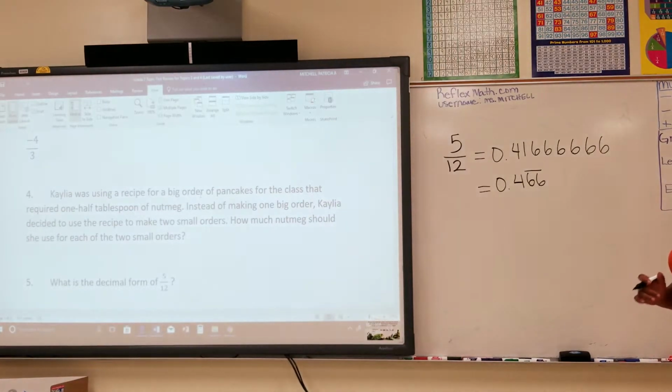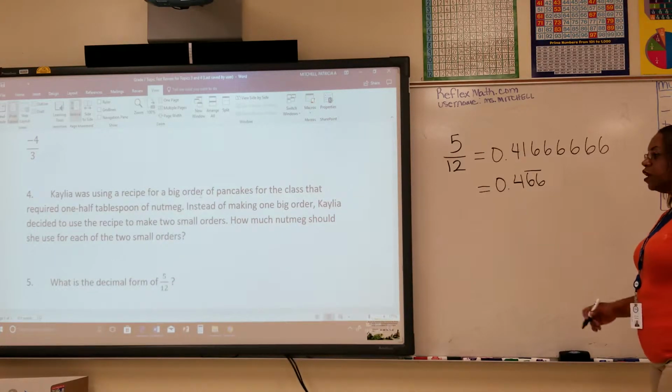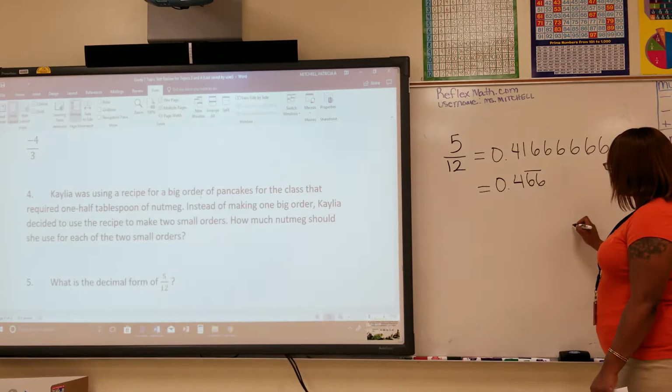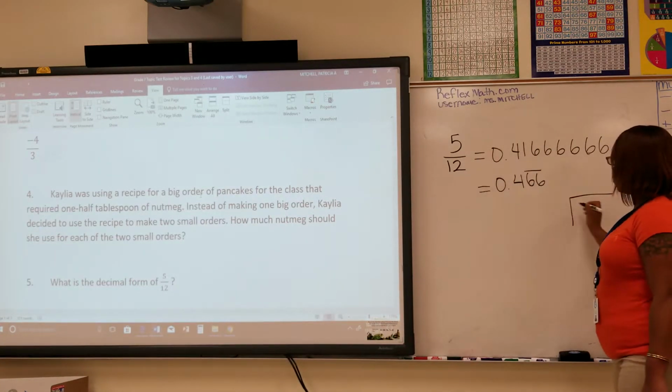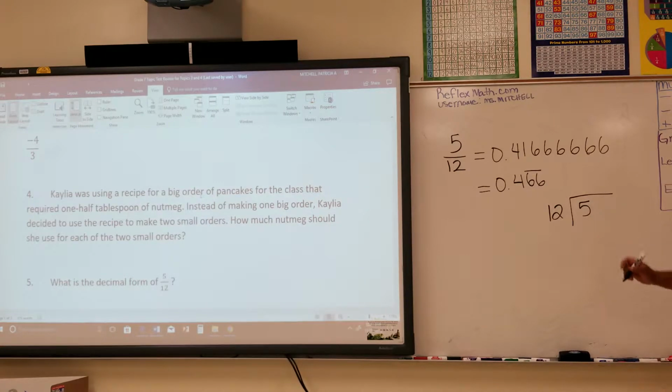Okay? So remember, when you are turning a fraction into a decimal, in your calculator, you're going to put 5 and hit divide, and then the denominator, which is 12. Okay? Or if you're doing it by hand, 5 will go into the house, 12 will go outside. 12 cannot go into 5.